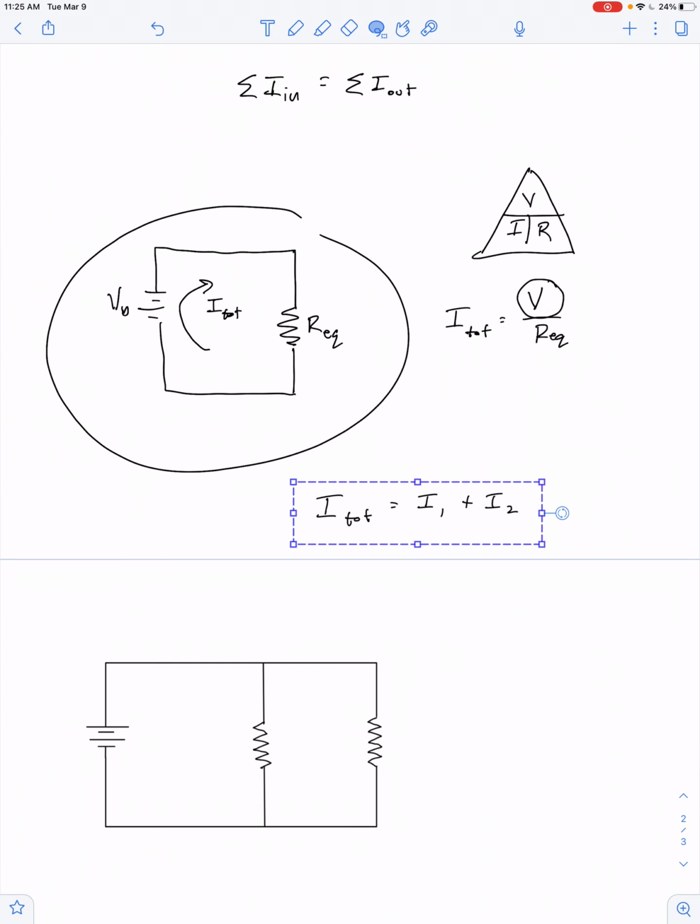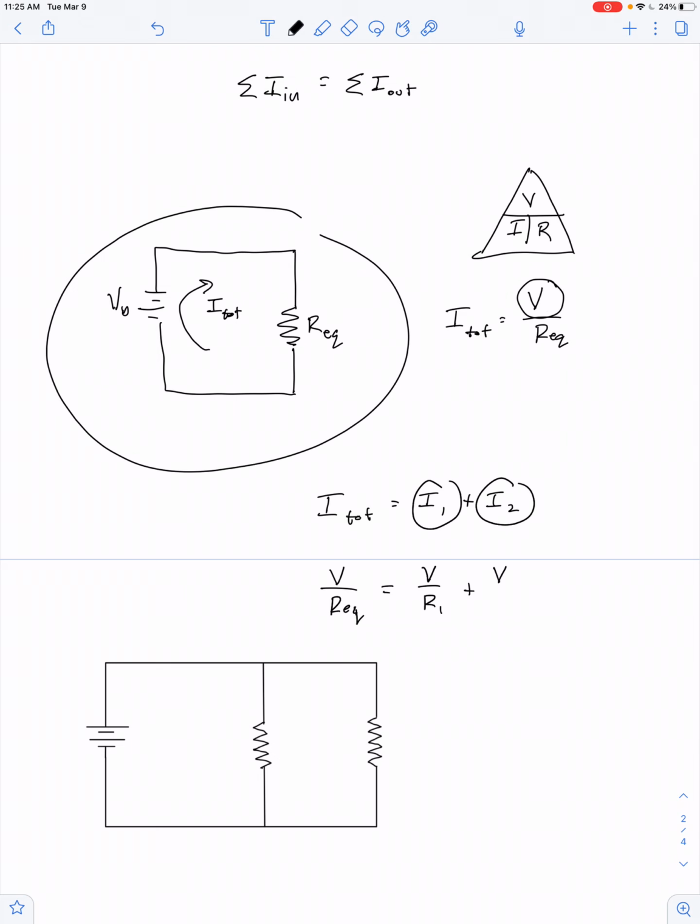So we take this expression and substitute. The total current is the battery voltage divided by the equivalent resistance. The current through resistor number 1 is the voltage divided by R1, and the current through resistor number 2 is that same voltage divided by R2.